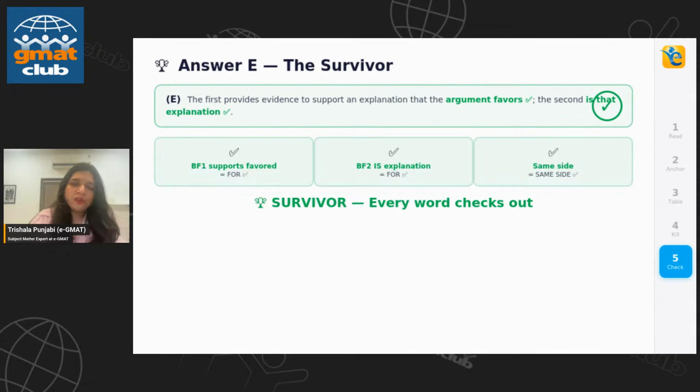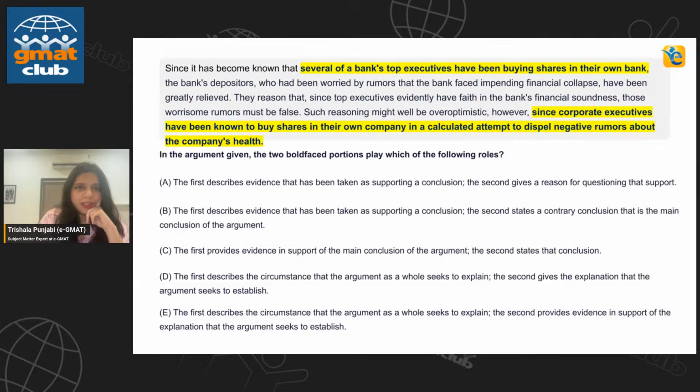And if I'm going too fast, let me know. I'll slow down. Okay, I will move on.